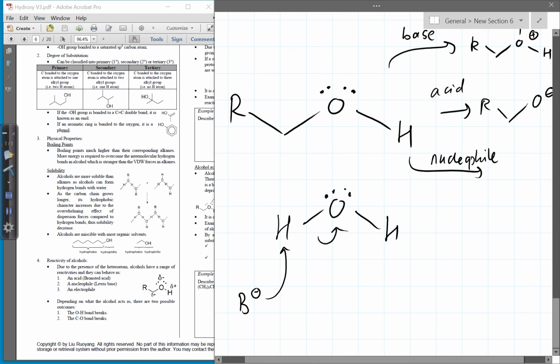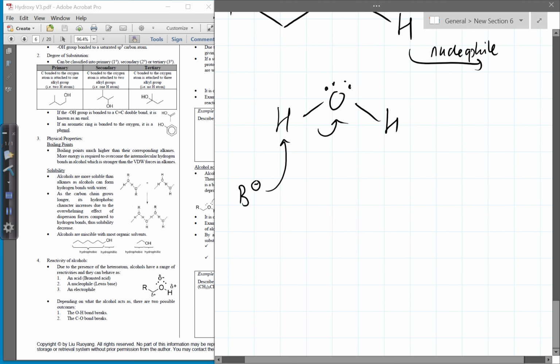Do you realize that this resembles one reaction that you have learned? If I change this to carbon, change this to Cl, change this to OH, what reaction does it look like? Of course, plus the other things. It looks like a substitution reaction, correct?